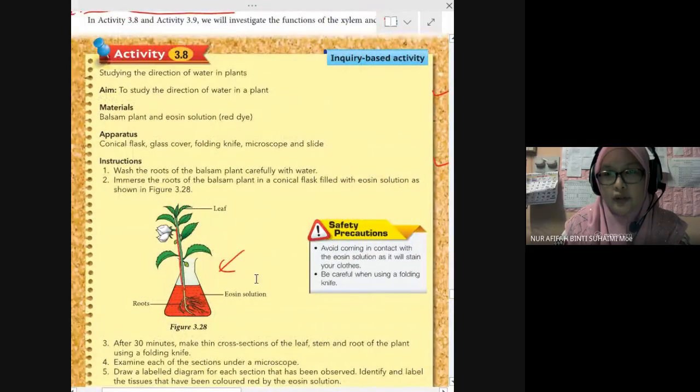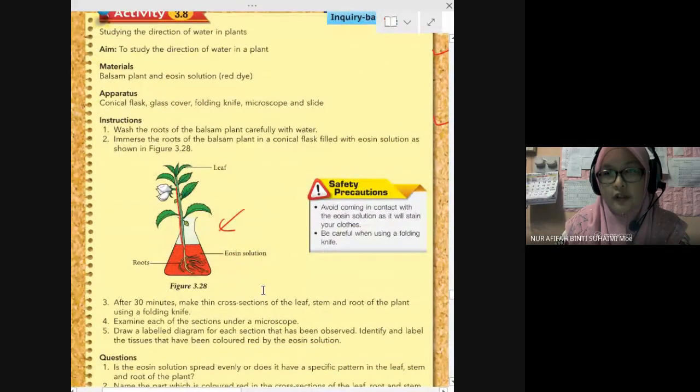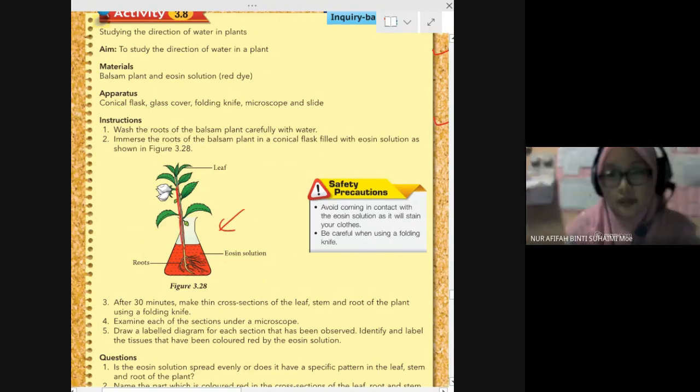This shows the direction of transportation of water, using red color solution. So from this activity, we can see clearly the xylem transports water from root. The colored water rises inside the plant through xylem to the leaf.